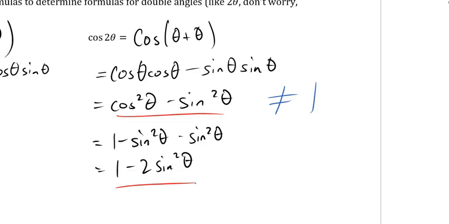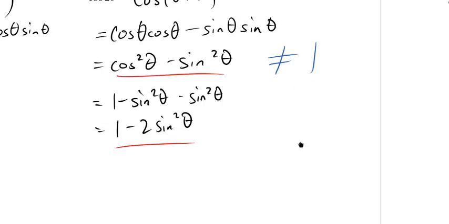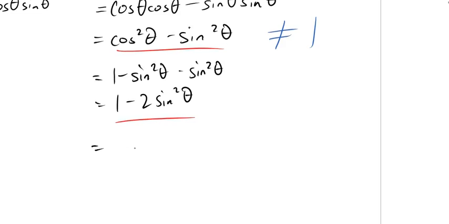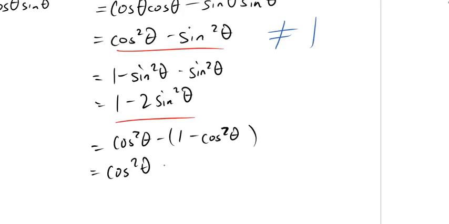Or I could do this. It equals cos squared theta minus, and in the same vein, sine squared theta is equal to 1 minus cos squared theta. So cos squared theta minus (1 minus cos squared theta). Distributing the negative is cos squared theta minus 1 plus cos squared theta, which equals 2 cos squared theta minus 1, and formula.